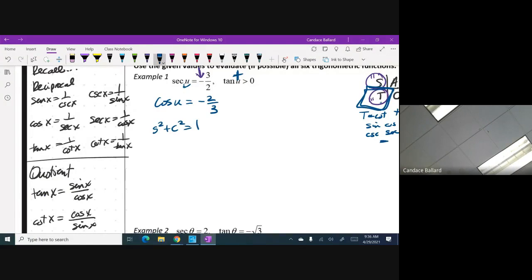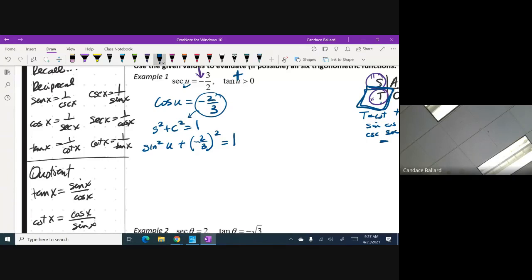And there's a delay even there. Okay, so I know that I have cosine, so I'm going to plug that in for the cosine. I do not have sine, that's what I'm going to solve for. So I'm going to say that I have sine squared of u, because that's the variable they gave me, plus negative 2/3 squared equals 1.